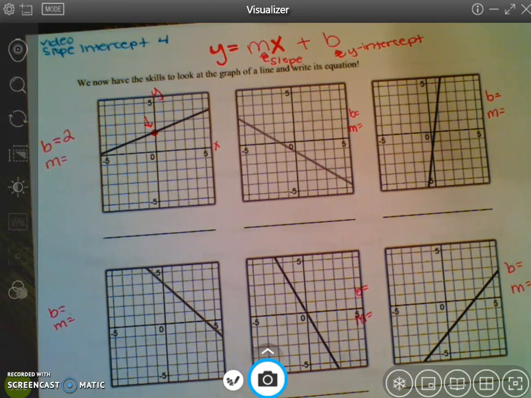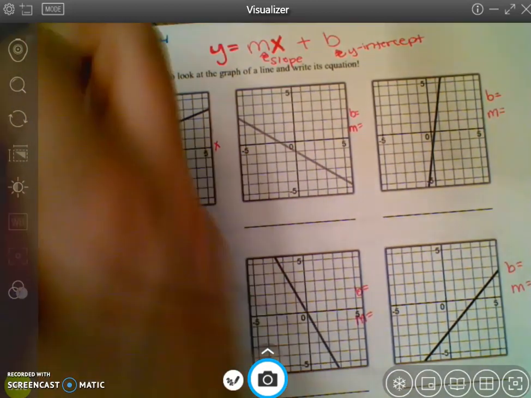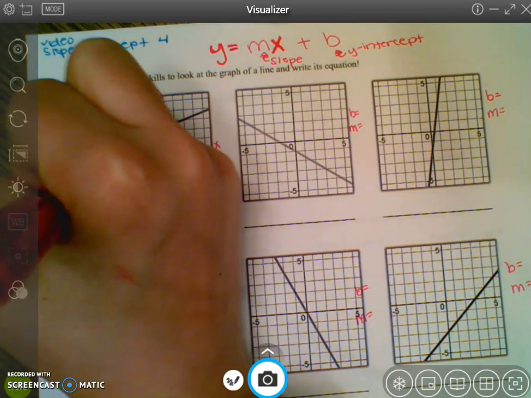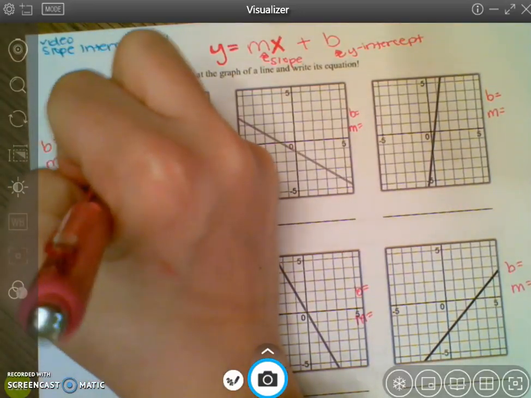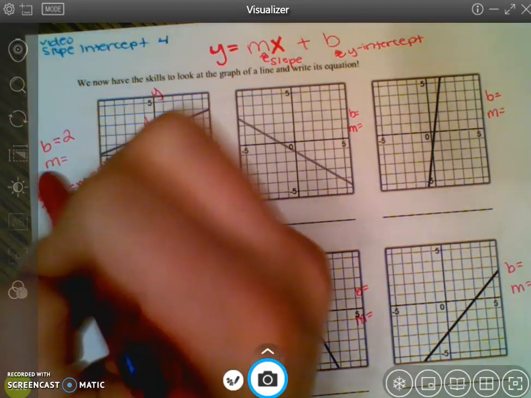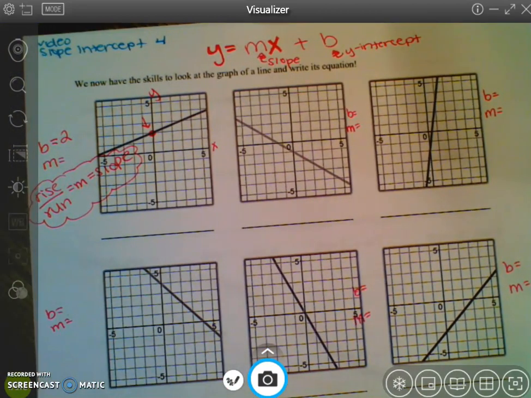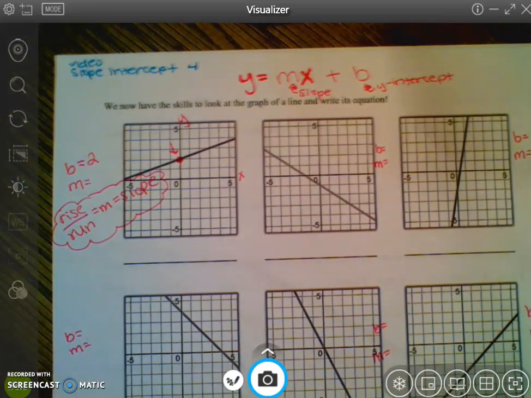Then I need to find my slope, which is the m, which is rise over run, right? That makes your m. That makes your slope. If you don't remember, write this down. And when you're finding it, since we're not plotting points, you need to find, let's see if I can zoom in.